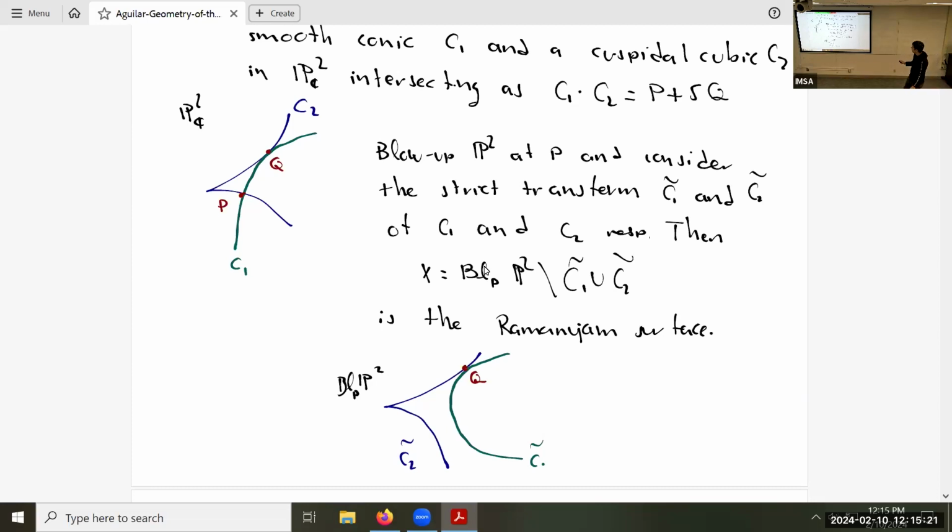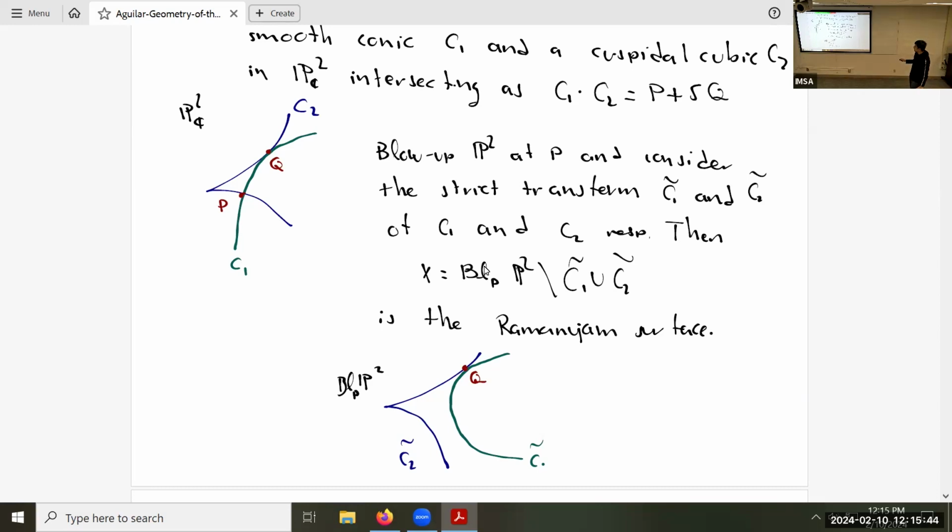So if you have this, we can make the blow up at P, and you can consider the strict transforms C1 tilde and C2 tilde. I have the green curve here, now the blue curve here, and I've separated them. And the Ramanujam surface is in this blow up.